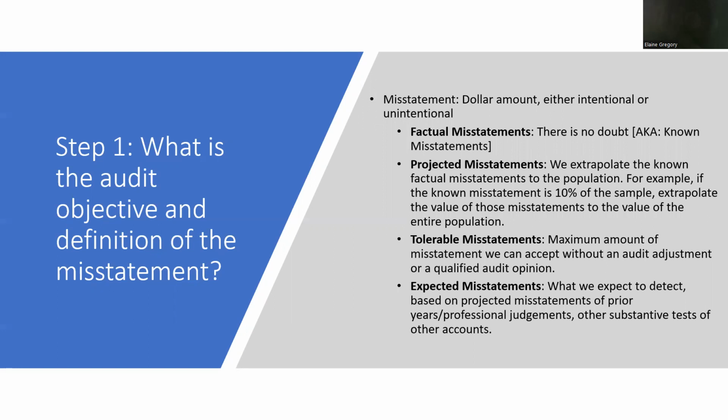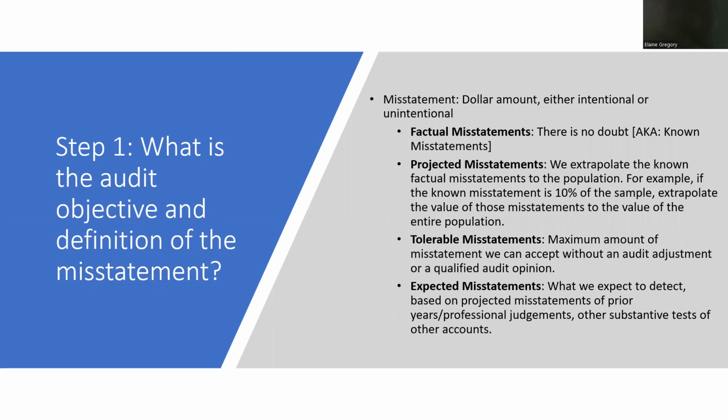Second, a projected misstatement. Once we have done all of our testing and we come up with whatever our misstatements or errors are, remember errors, they calculated the information wrong, they paid the wrong vendor, we have to come up with a monetary amount of the aggregate of all of those errors. Then we determine, in the aggregate, the percentage of the errors to the total amount of the sample size.